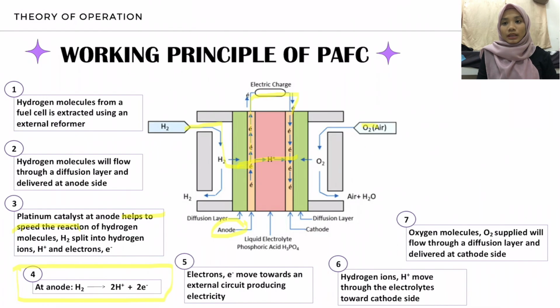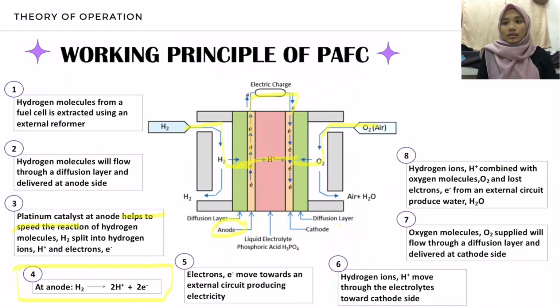Oxygen molecules supplied flow through a diffusion layer and are delivered at the cathode side. At the cathode, hydrogen ions combine with oxygen molecules and electrons from the external circuit to produce water. This is the half reaction at the cathode.